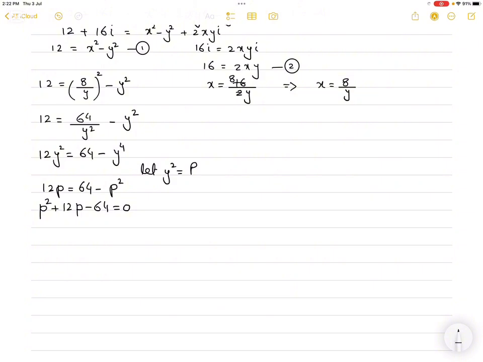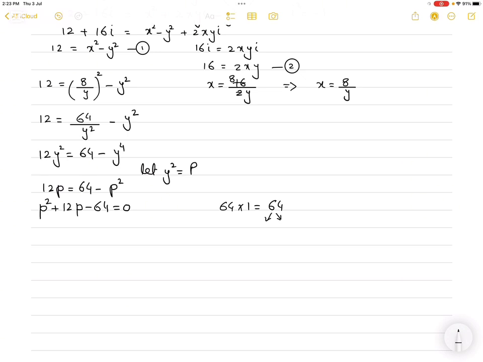Now, using middle term breaking, I'm going to factorize it. The coefficient of p squared is 1, so my constant term 64 would multiply with 1, giving 64. Now I have to find factors of 64 such that after adding or subtracting they give me plus 12, which is in the middle.